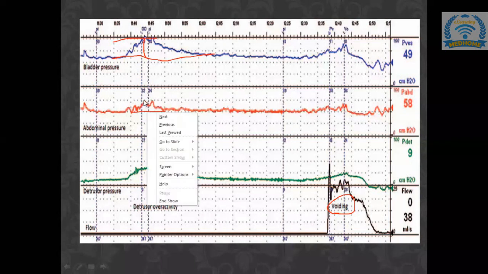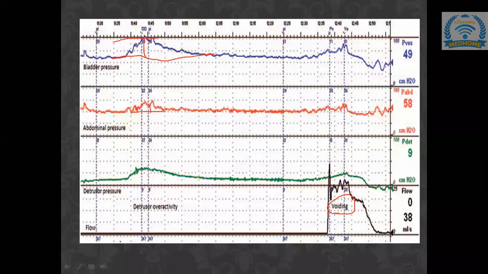But the detrusor pressure is rising during the filling phase, and there is no leak. It's overactive bladder, detrusor overactive.